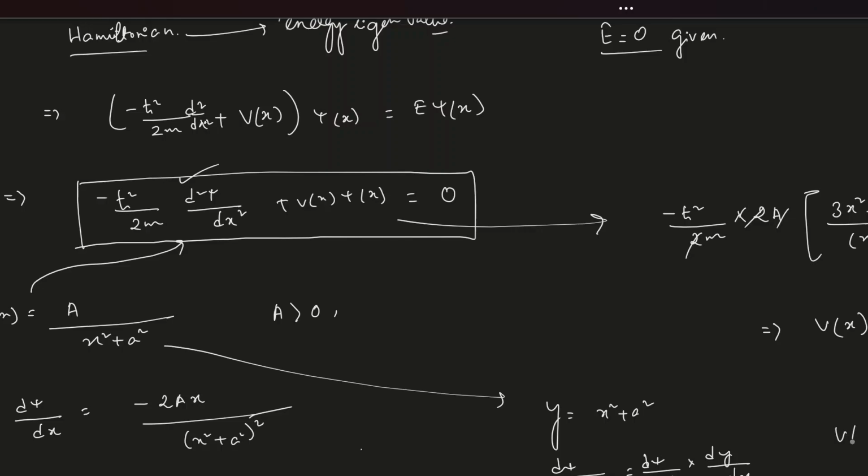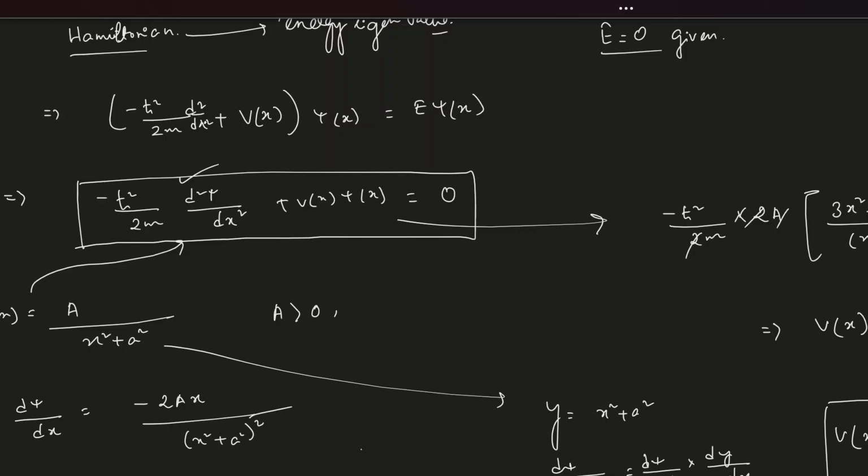So finally you get vx equal to h cut squared times 3x squared minus a squared divided by, sorry, I missed one m, so this m will be in the denominator, m times x squared plus a squared whole squared, right?